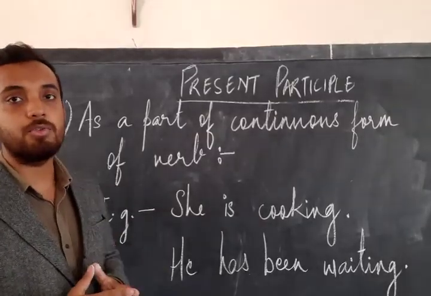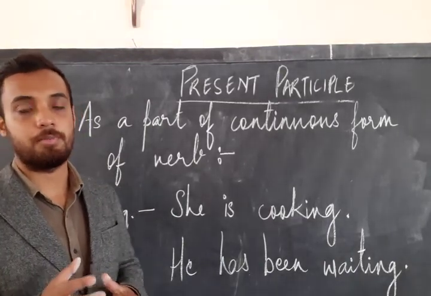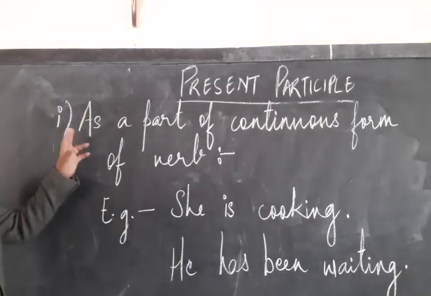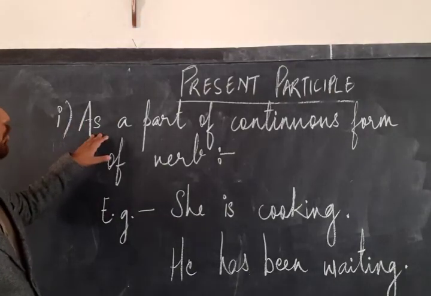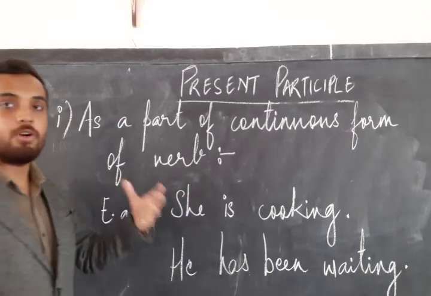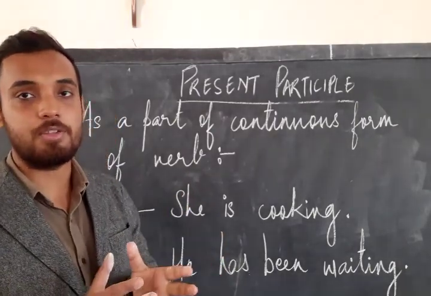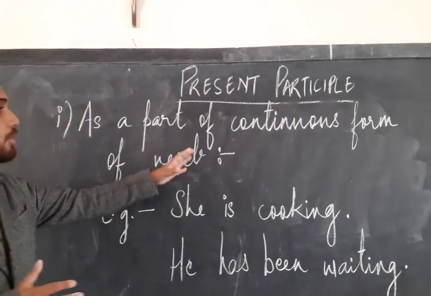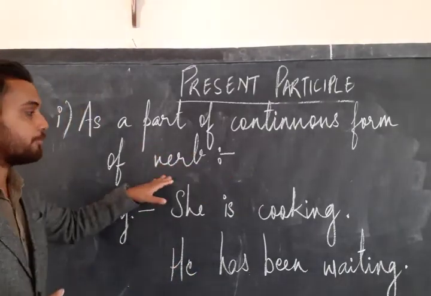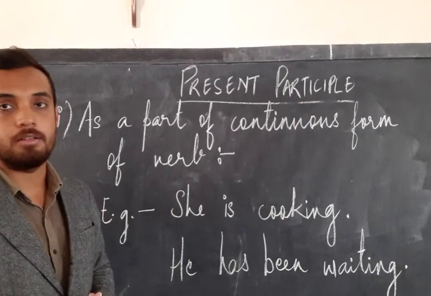Now the first use of the present participle, the ing form of the verb. The present participle is used as a part of the continuous form of a verb. Example, she is cooking.